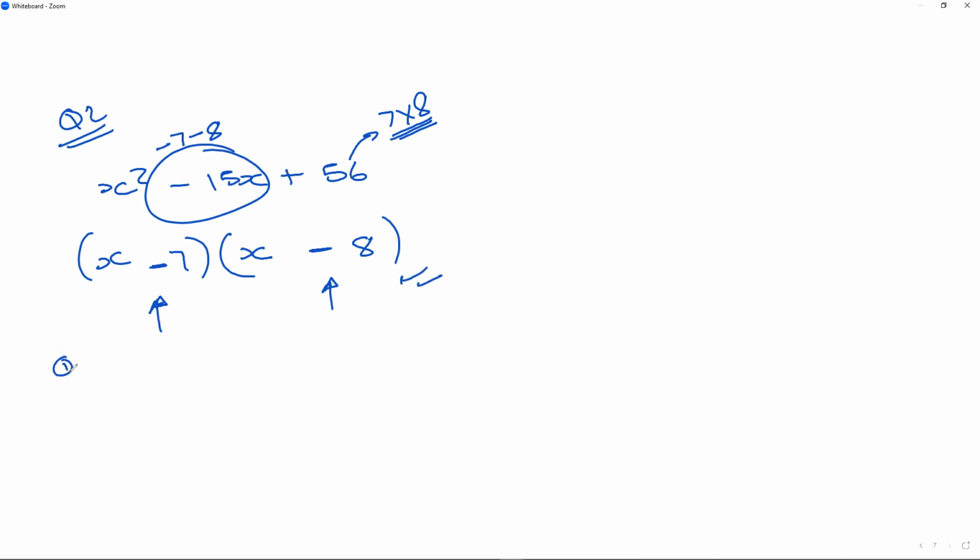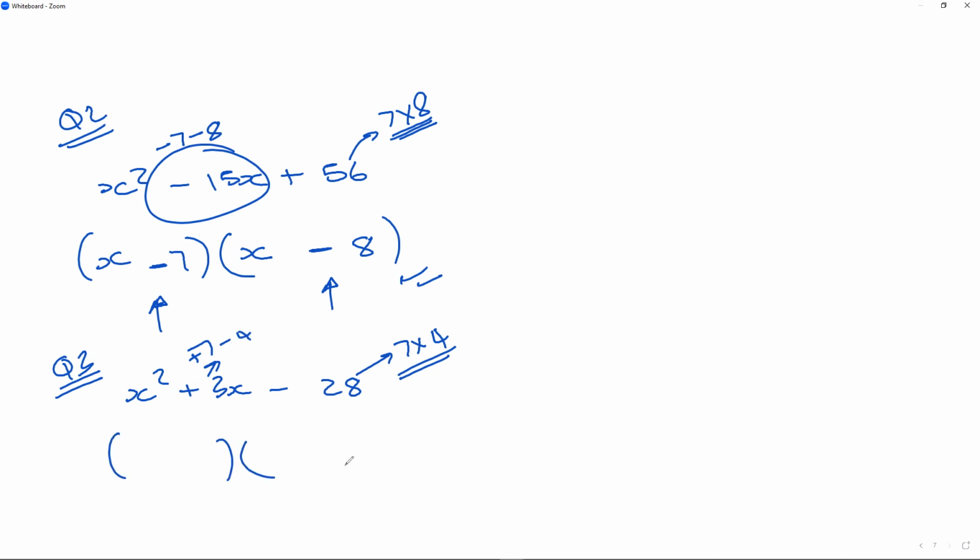And in question 3, I've got x squared plus 3x minus 28. The negative is now at the end. Let's first look for the terms that will get to 3. So 7 times 4 is 28, and 7 minus 4 becomes 3.